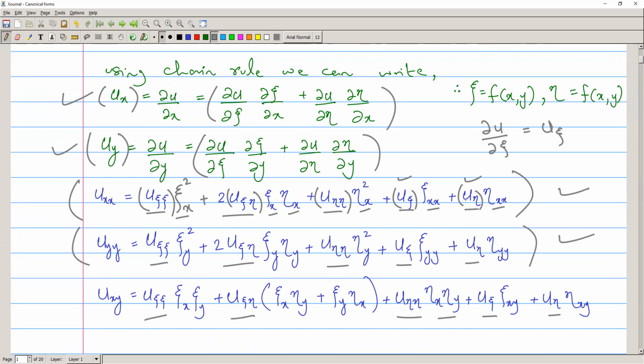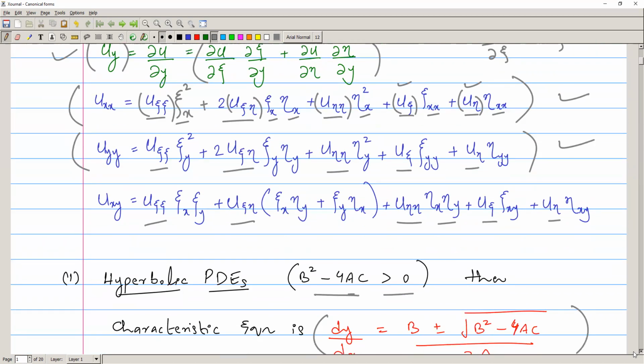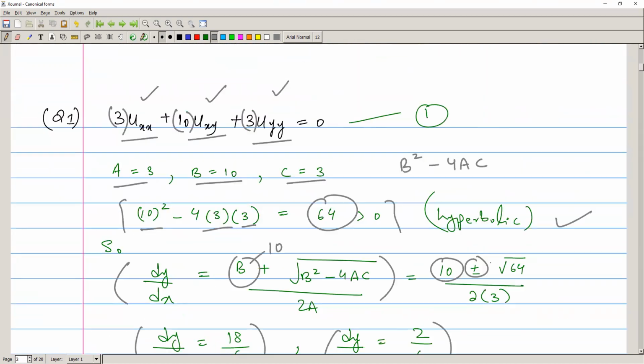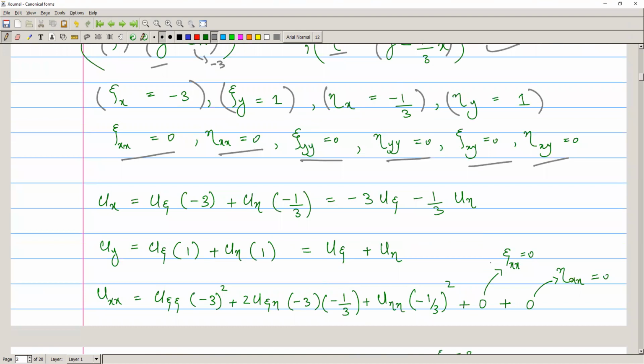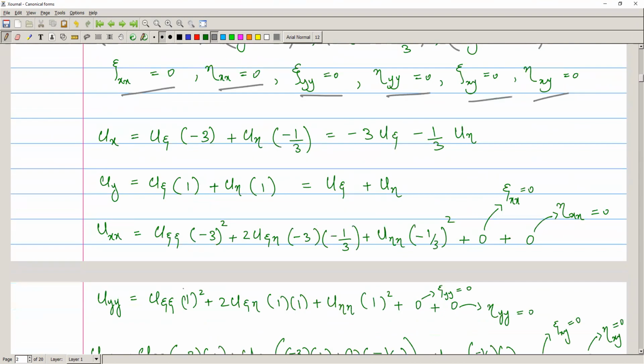So in the part of uxx, we don't need to find this ux, because we don't need ux in the original equation. So uxx will be equal to u psi psi times minus 3 squared, plus 2 u psi eta times minus 3 times minus 1/3, plus u eta eta times negative 1/3 whole squared.